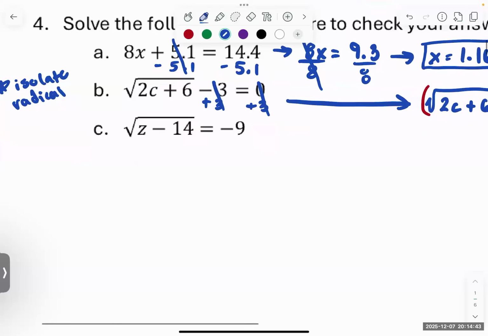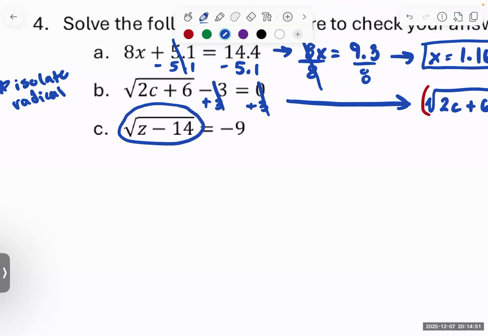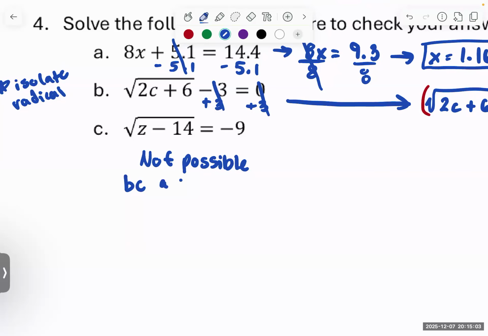Now for this one, you should recognize that the square root of something equals -9. This is not possible, because a square root cannot equal a negative.